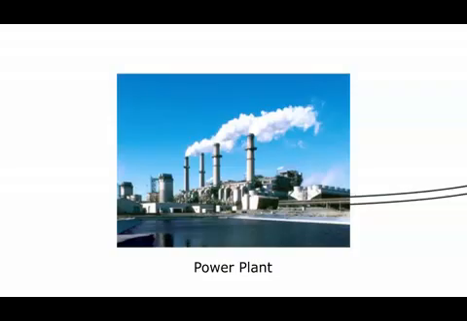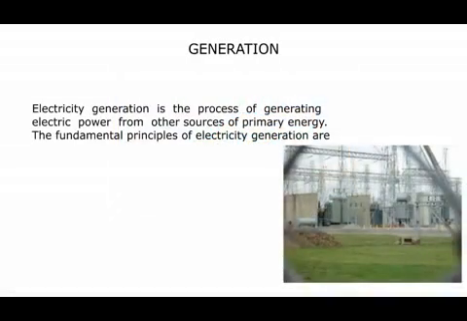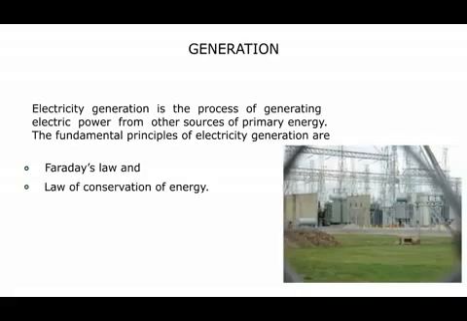So, this is the basic overview of the entire power supply system. Electricity generation is the process of generating electric power from other sources of primary energy. The fundamental principles of electricity generation are Faraday's law and the law of conservation of energy.